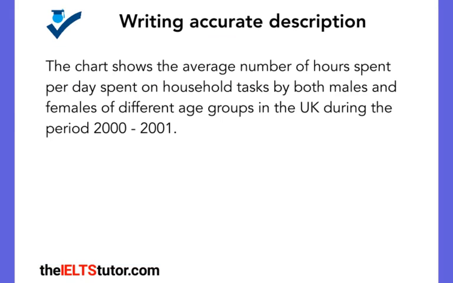Let's take a look at the statement again. The chart shows the average number of hours spent per day on household tasks by both males and females of different age groups in the UK during the period 2000 to 2001. So obviously this talks about the second chart. You can see that the information included here is the average number of hours per day, which is the unit of measurement on the vertical axis of the illustration.